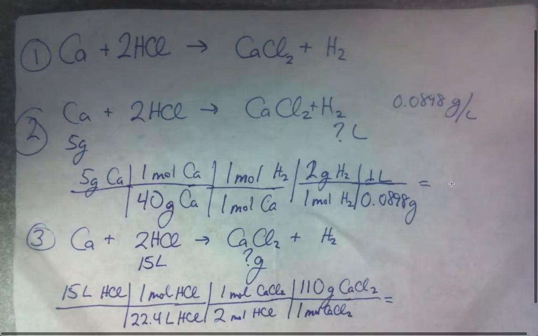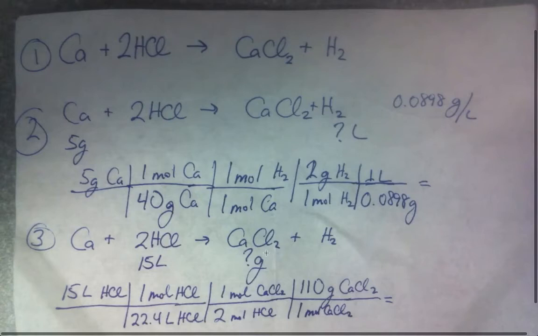That's what you're trying to find. Put that in your calculator if you want. It'll be 5 times 2 divided by 40 divided by 0.0898, or I think in the quiz I even rounded it to 0.09.